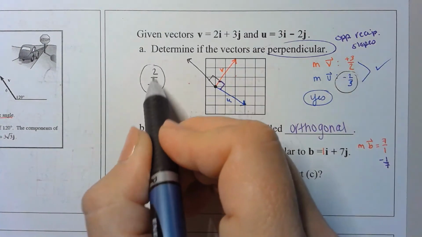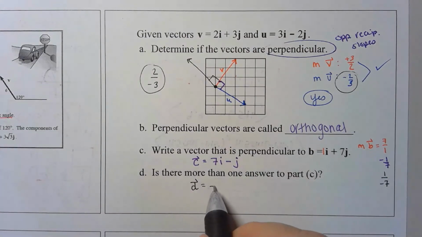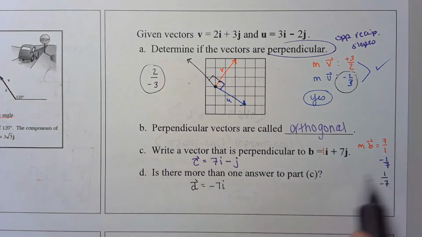The negative is just in the bottom instead of in the top, but we know it still means the same number. So like here, if I had a negative 1 over 7, it could have just as easily been 1 over negative 7. So we could say, yes, there is another answer, and how about we do negative 7i and a positive 1j.